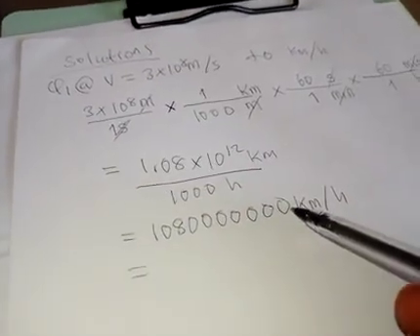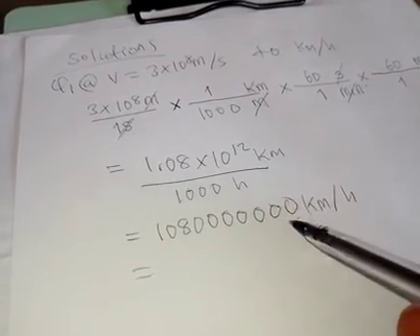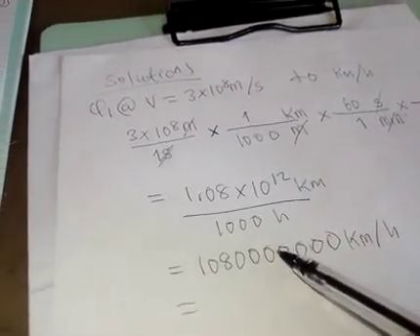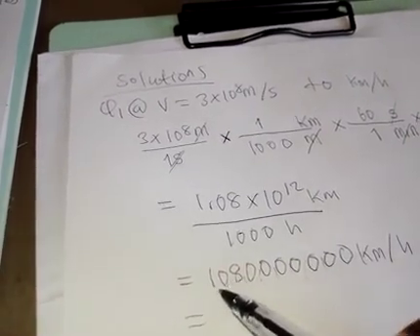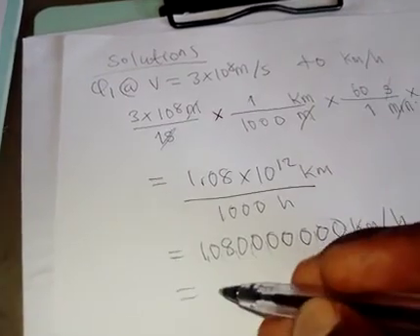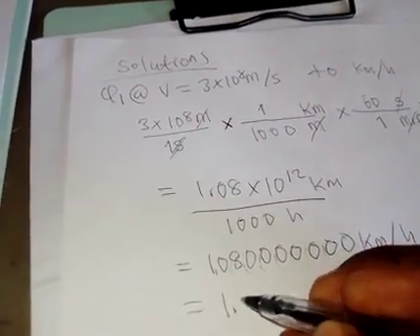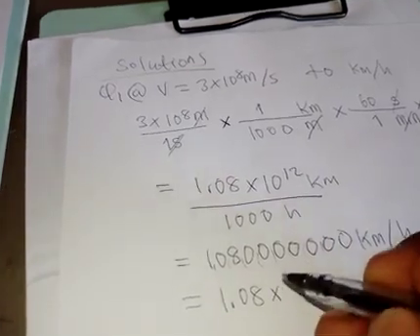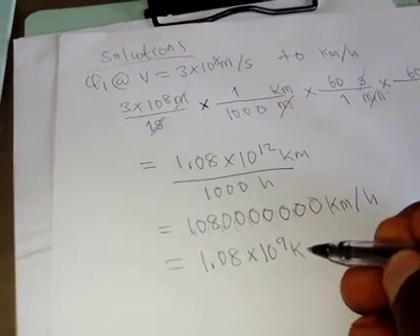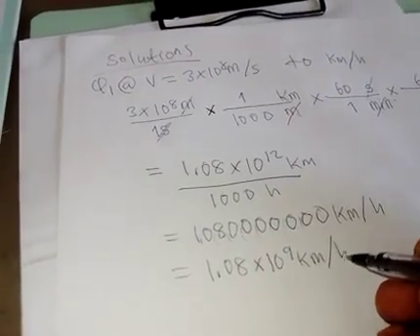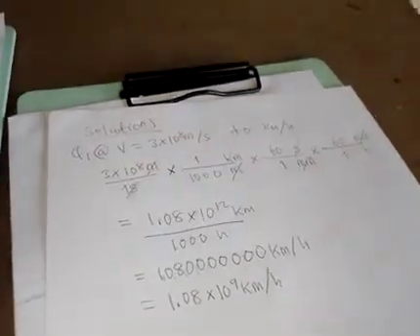The decimal point has to shift how many times? 1, 2, 3, 4, 5, 6, 7, 8, 9. So we can have 1.08 times 10 to the power 9 kilometers per hour. That's it.